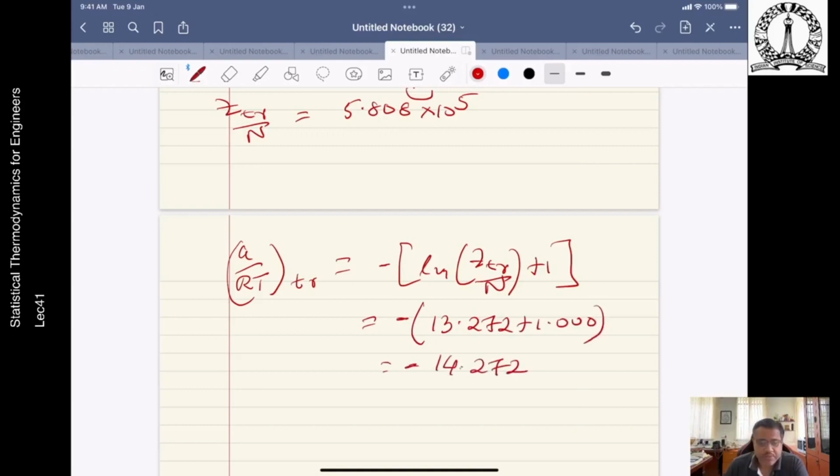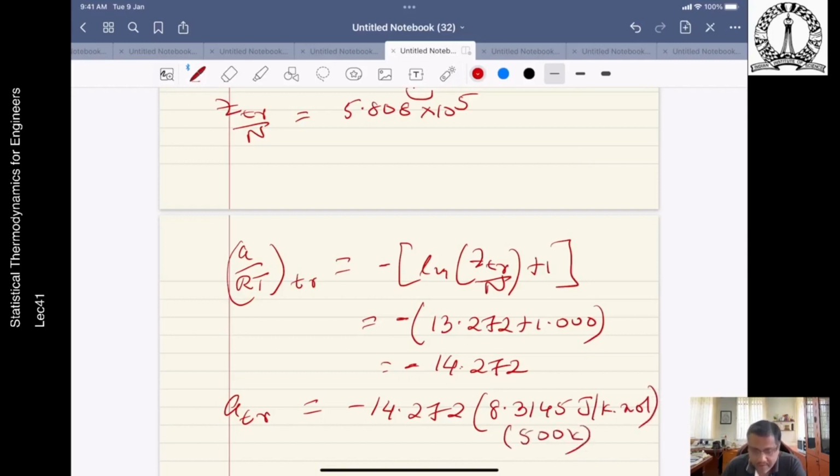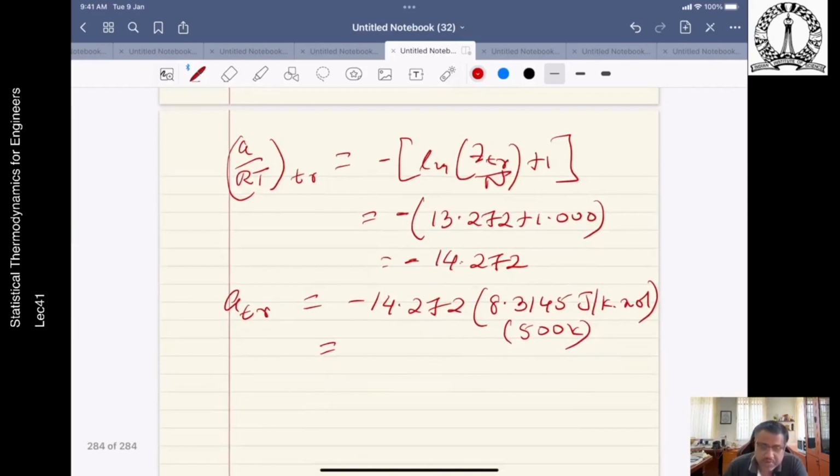So we obtain ATR equal to minus 14.272 times 8.3145 joules per kilomole per Kelvin, into 500 Kelvin, which will give you the ultimate answer, minus 58.333 kilojoules per mole. So this is one sample problem where we have shown that this is indeed possible to do.